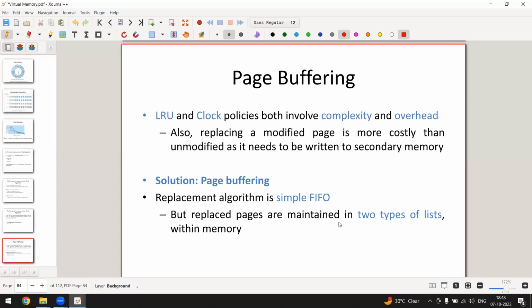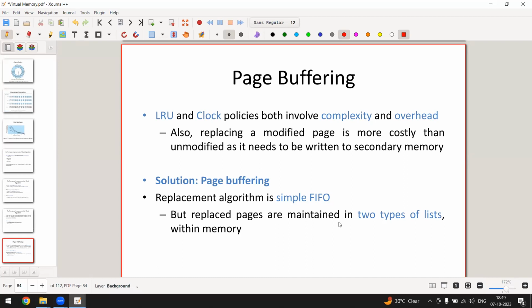Now, what is page buffering? In case of page buffering, we don't go into a more complex replacement algorithm. We only use the simple FIFO algorithm.